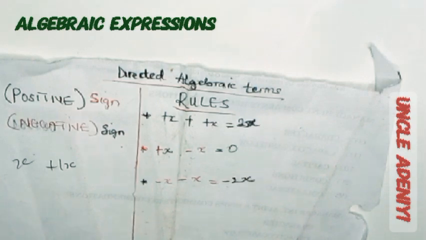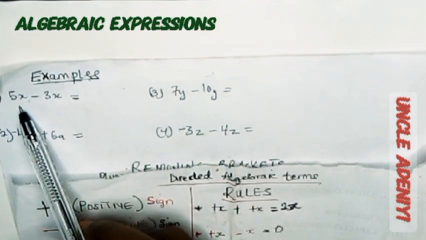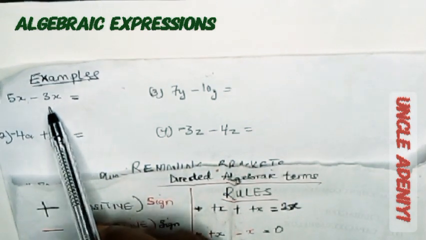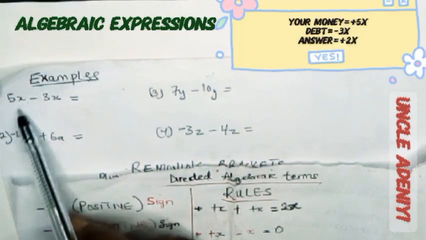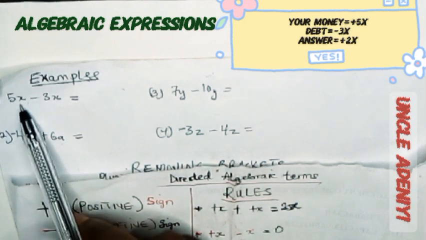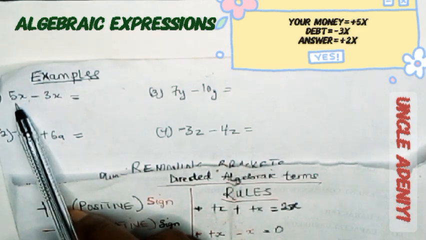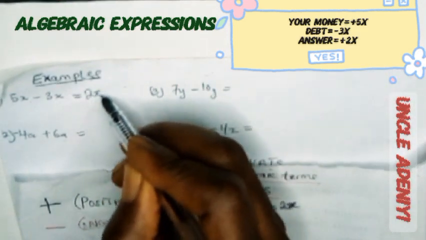Example now. 5x minus 3x. So you're having 5 naira, like 5x. And you're owing somebody minus 3x. This minus is you are owing. This plus 5x is your own. So you are owing somebody 3x and you are having 5x. So what will be left with you? 2x, right?